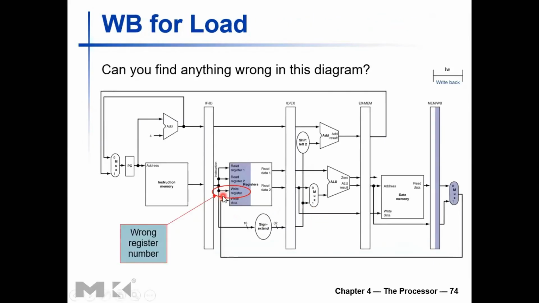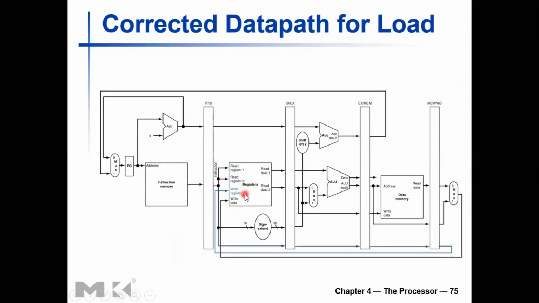So what we will have to do is this. Instead of connecting this set of wires from the instruction word from the pipeline register into that port, we disconnect that and we send that value to the pipeline register.